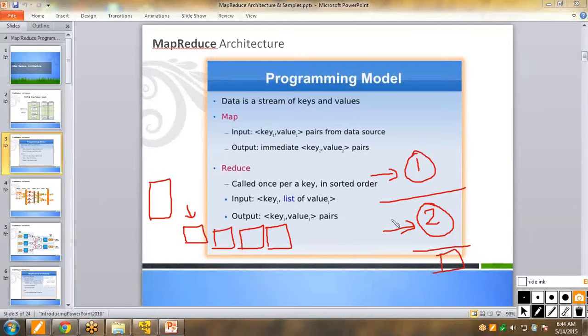One is the job tracker, the second one is the task tracker. The job tracker is the master controller of the MapReduce program, whereas the task tracker is the individual executing engine that contributes to the job tracker.